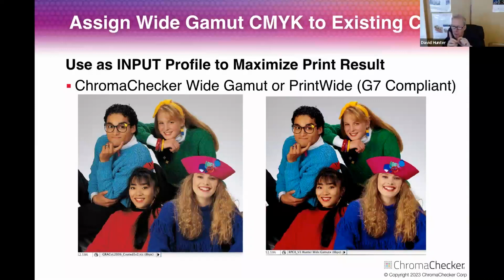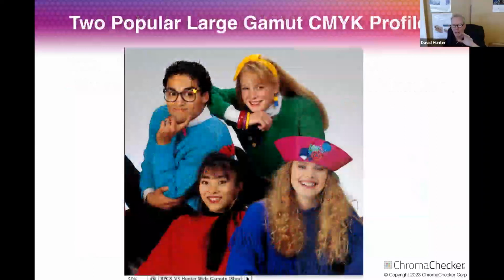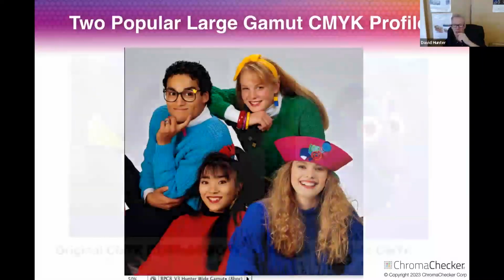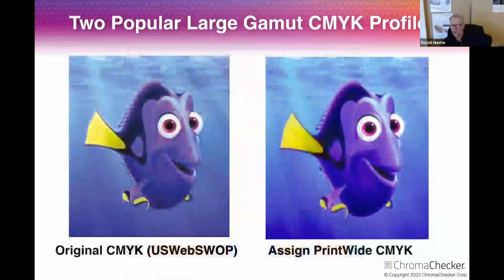Yet it's still the same hue angle for the blue and the green. The hue angle's not switching. And look at the flesh tones. The flesh tones are still really good. So you get the best of both worlds. You get the maximized gamut and you get G7 tonality.